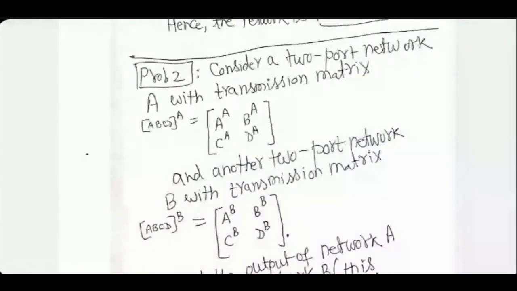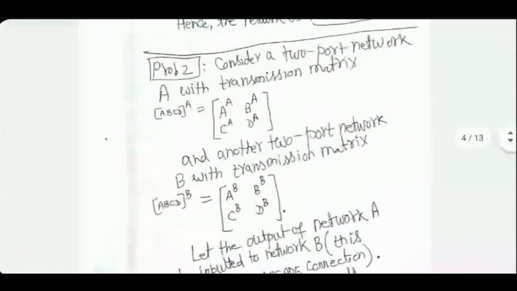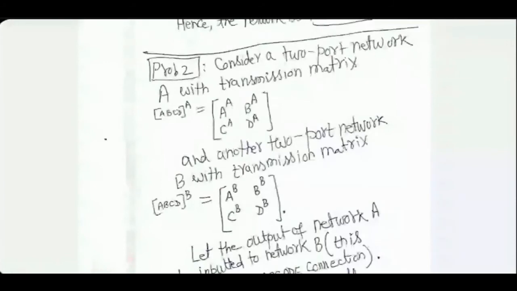This is the problem that we will solve quickly. Consider a two-port network A with a given transmission matrix and another two-port network B with a given transmission matrix. Capital A, capital B, capital C, capital D for network A with superscript A on each one of them.